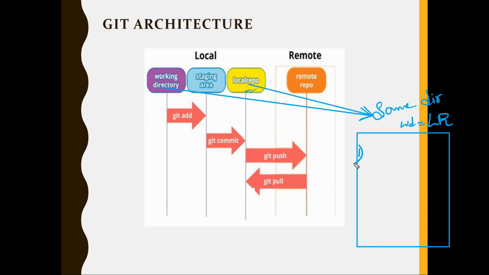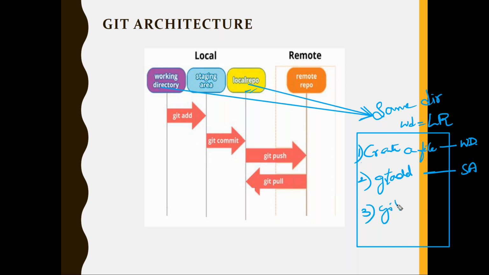But how? If I create a file here, it is said to be in the working directory. If you just place a file, it is in the working directory. If you place it in the staging area with the git add command, it is said to be in the staging area.